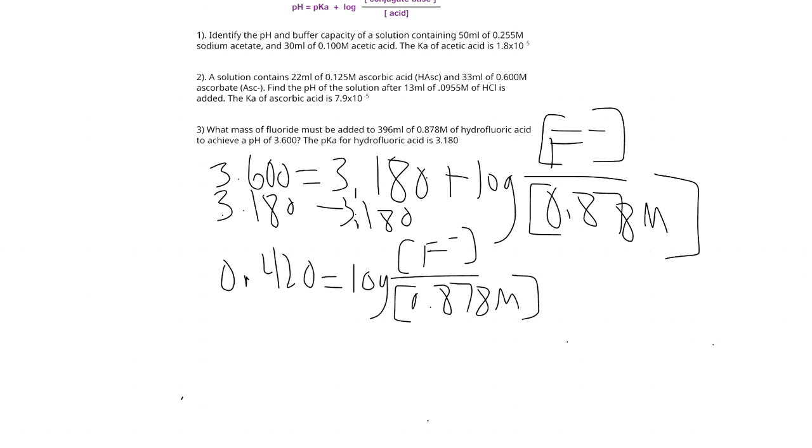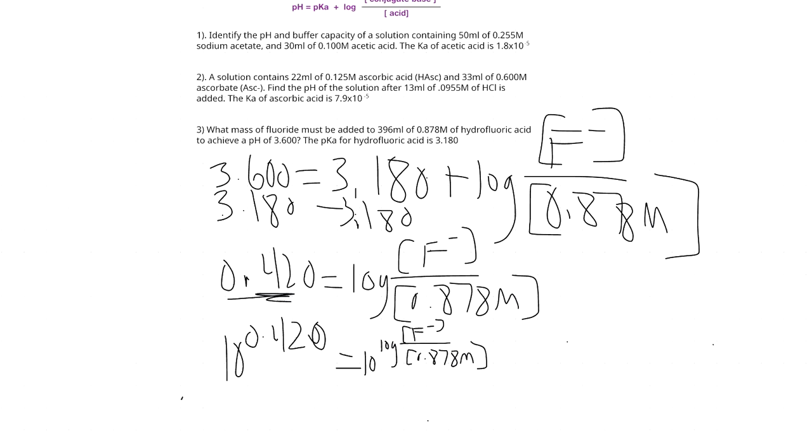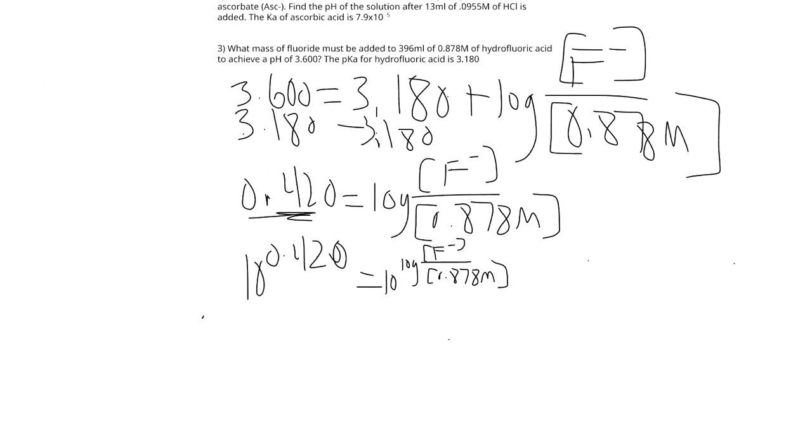And what would that look like? 10 to the 0.420, right? That number came from this. Equals, I need to write this small, 10 to the log of F minus over 0.878 M. And this looks weird, I know. It's basically 10 to this whole mess, right? And that actually just cancels it out.